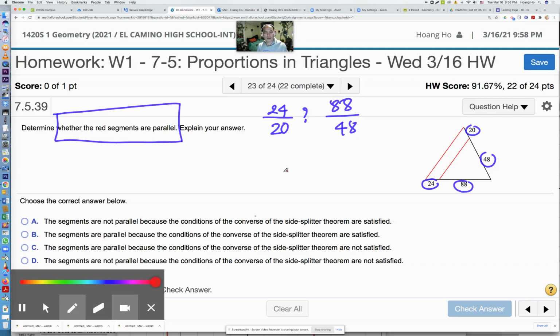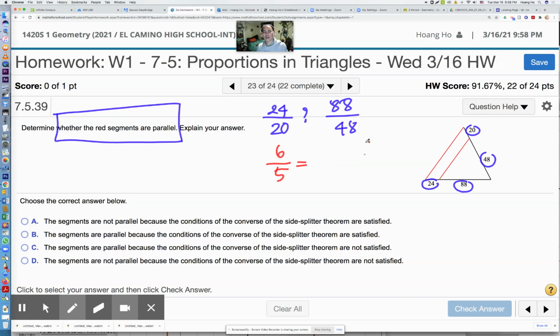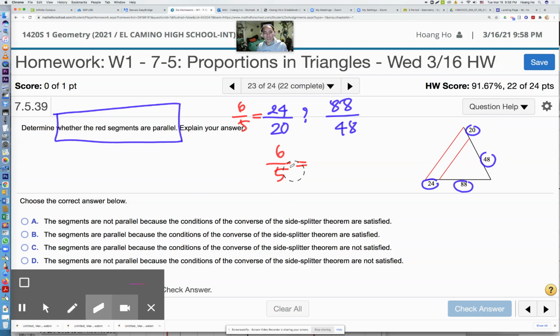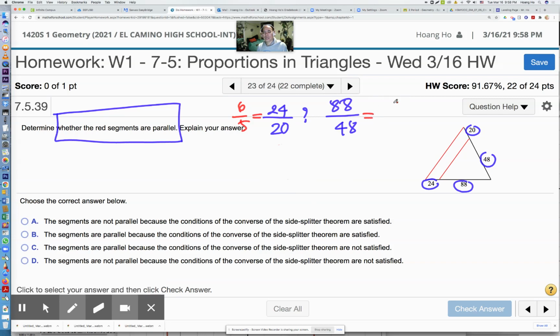First I will simplify this by 4. Is that 6 over 5? Now 88 over 48, ooh, I can simplify. So this is 6 over 5. 88 over 48, I can divide by 8. Is that 11 over 6?